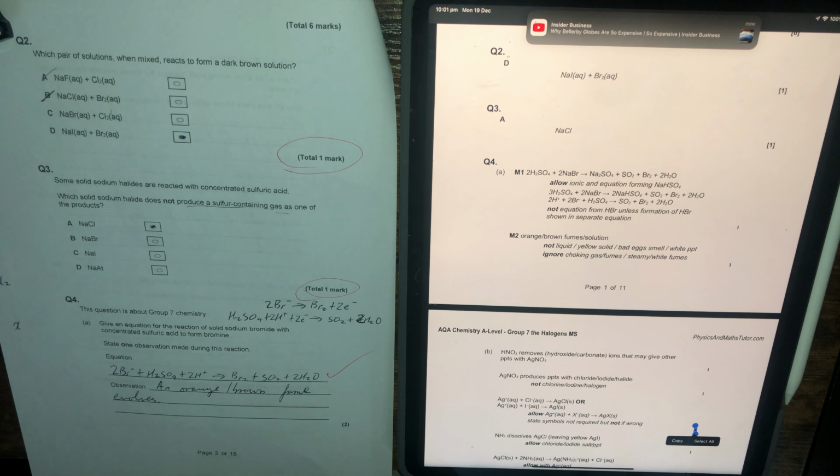Band 2 is that all stages are covered, but the stages may be incomplete or may contain inaccuracies. Band 3 is all stages are covered and each stage is generally correct and virtually complete. The answer is communicated correctly and shows a logical progression from stages 1, 2, and 3. So let's go through all stages here.